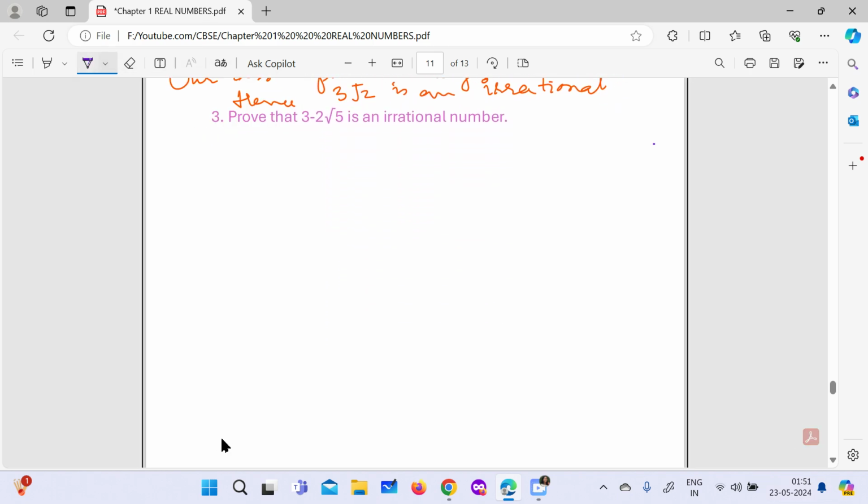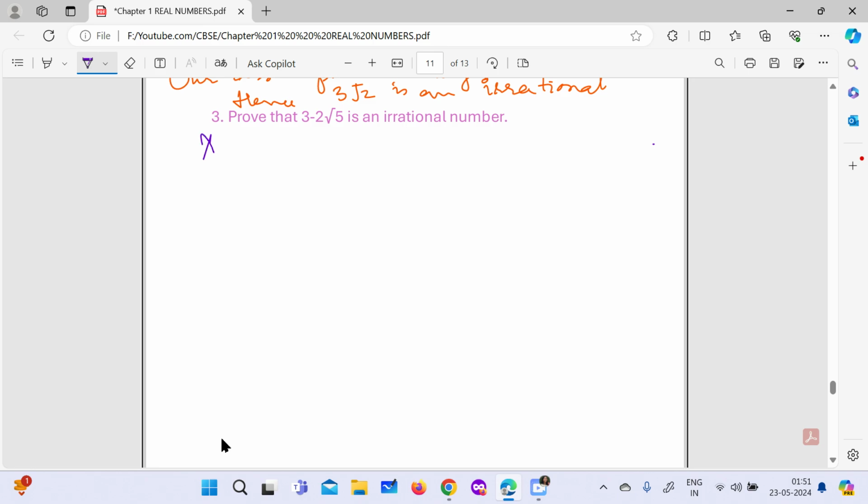This question is, prove that 3 minus 2 root 5 is an irrational number. Again, we will assume it that way only.